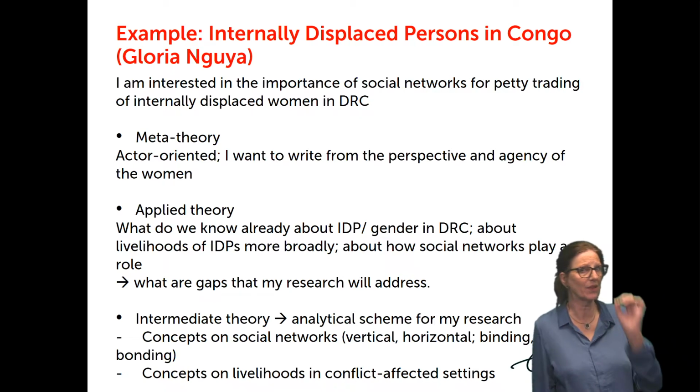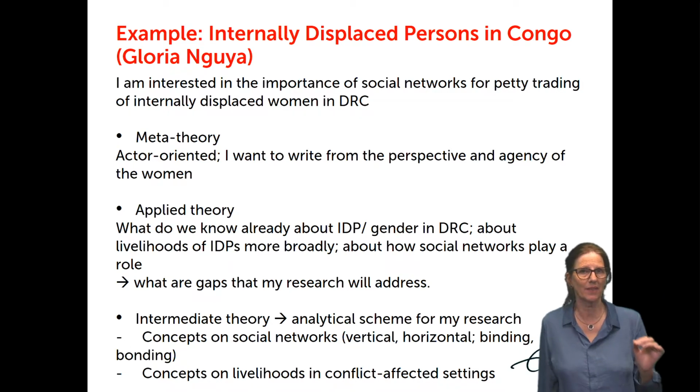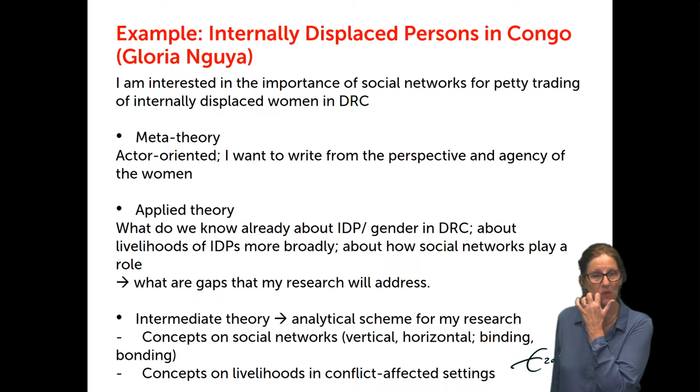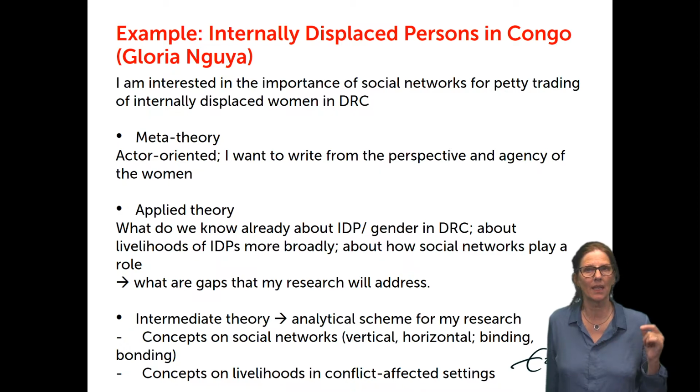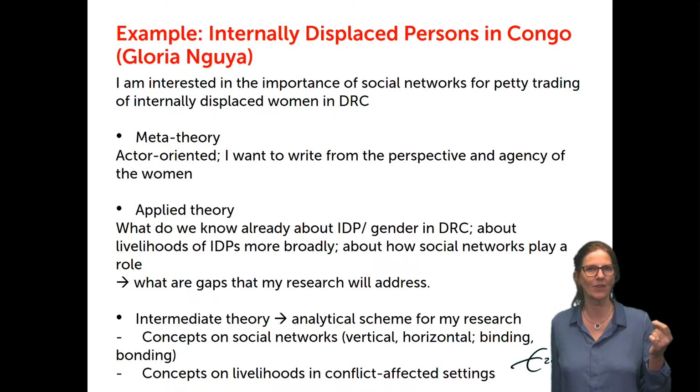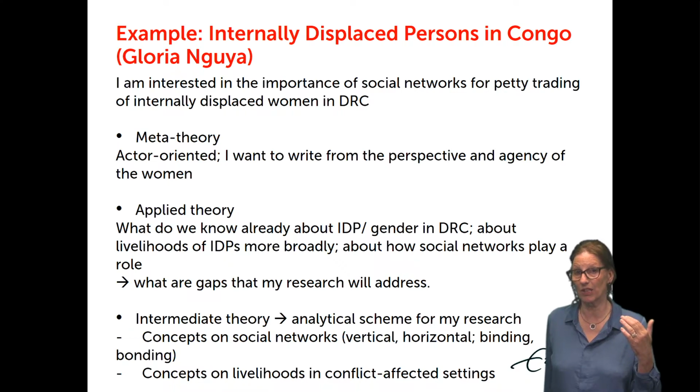I'll give you first an example, from Gloria Nguya, a PhD candidate of mine, who did her research on internally displaced people in Congo. She said, I'm interested in the importance of social networks for petty trading of internally displaced women in DRC. That was her research interest. First, the meta theory she used: she says, I'm actor-oriented.